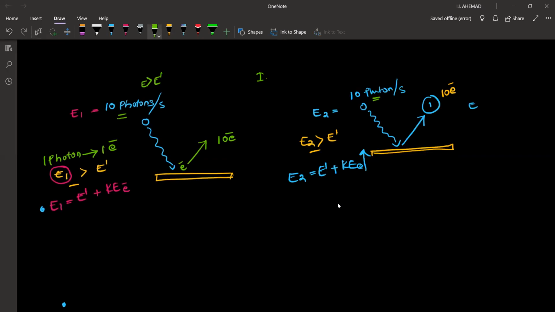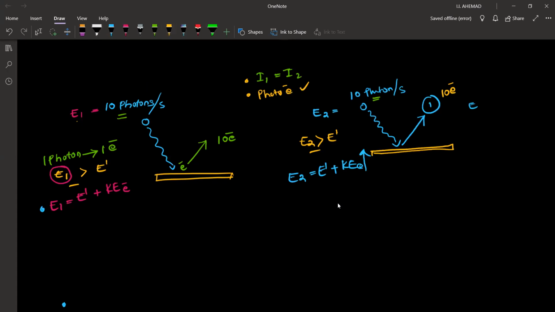Therefore, the intensities are equal. Okay, the first point. The second point, E1 is greater than E dash, and E2 is also greater than E dash. Therefore, photoelectrons are present.